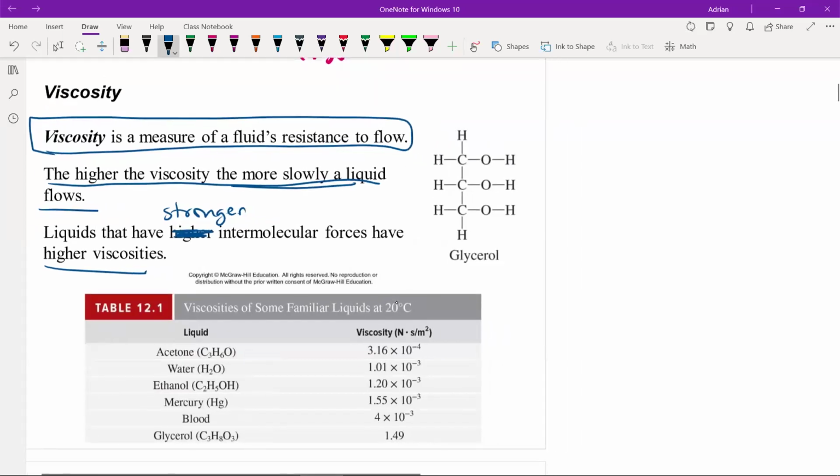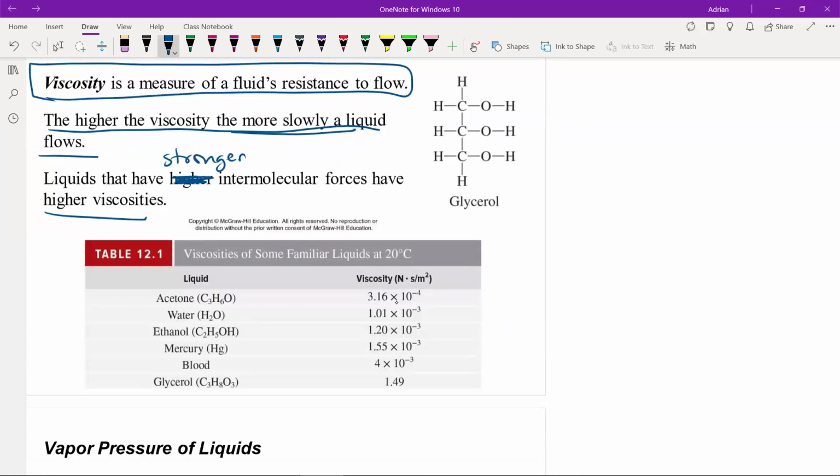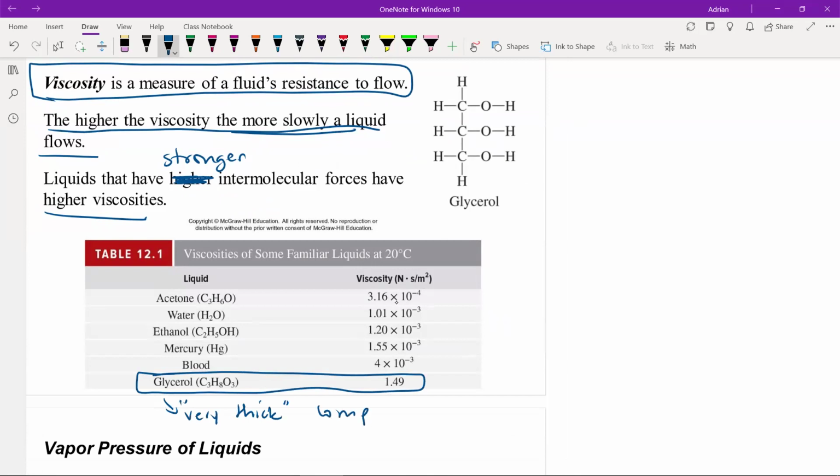And as two examples here, let's say something like glycerol. Glycerol is a very, very thick substance. It's a liquid, and we'll say very thick, comparable to something like syrup, or honey, for instance.